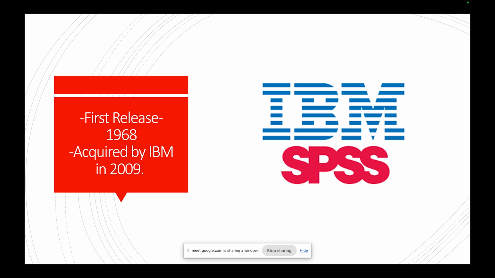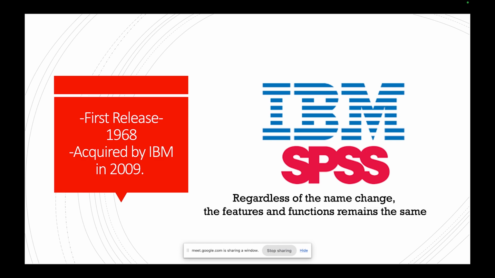Since that acquisition, it became IBM SPSS. It may not really be important, but just for noting sake, you might want to know that. Regardless of the change of name, the features and the functions of SPSS remain the same. It's still a data analysis software that most researchers use today, especially for social sciences.